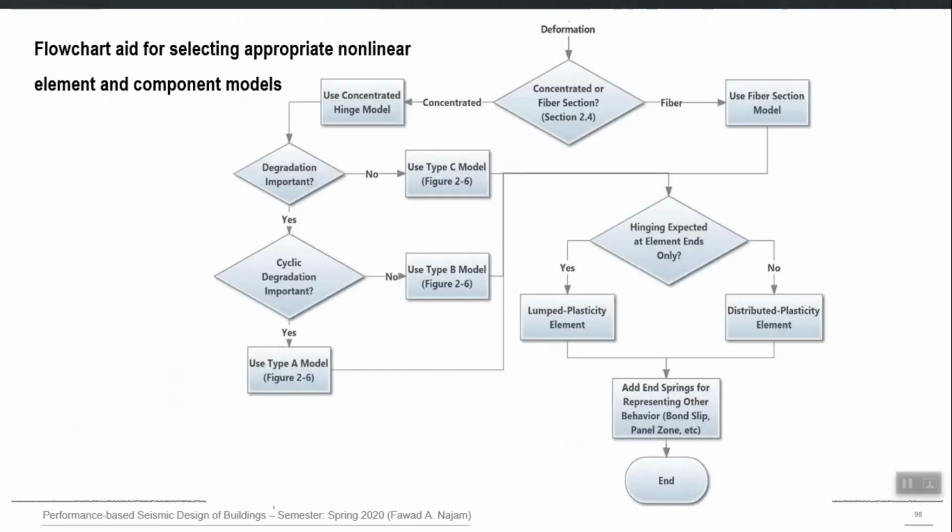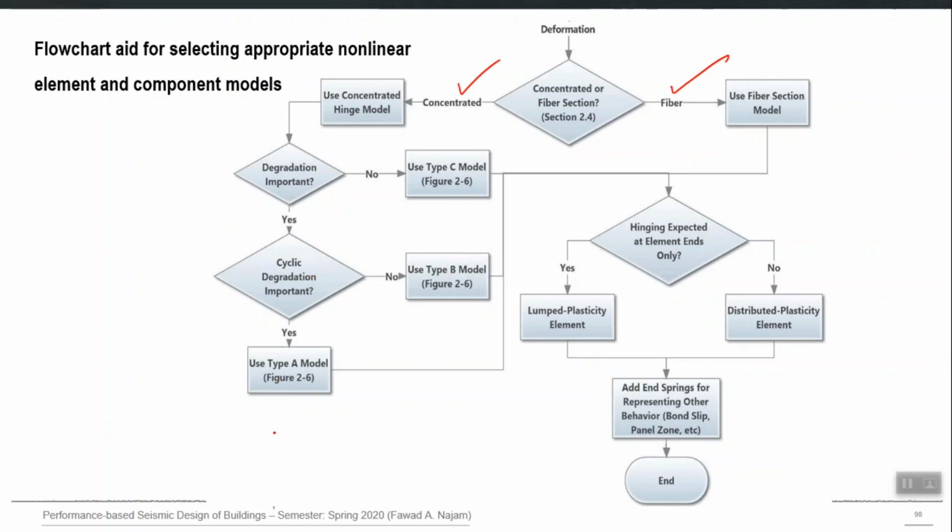So then you proceed for deformation. Again you have to take a decision between the fiber modeling approach or the concentrated plastic hinge modeling approach, right? So this is our case. If we go for the fiber approach, then a separate thing. If you go for the concentrated approach, then a separate consideration, right?